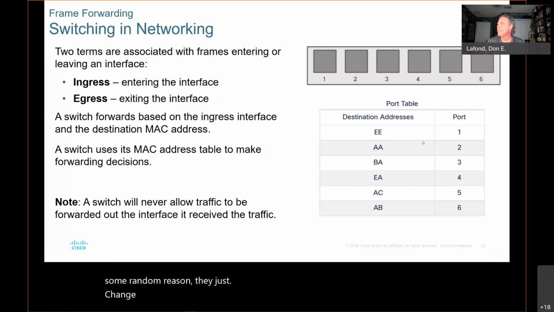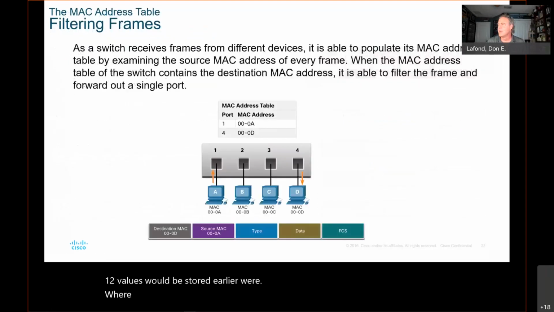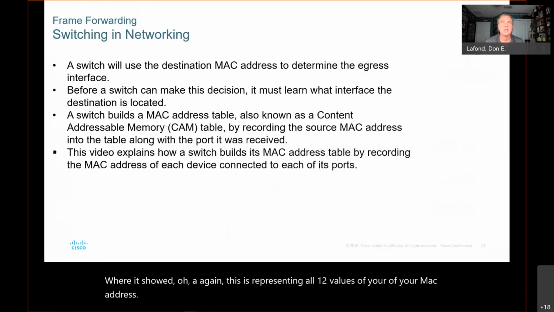Here, EE is representing all 12 values of the MAC, and all 12 values would be stored. Earlier, where it showed OA, again, this is representing all 12 values of your MAC address. Don't be confused by that.